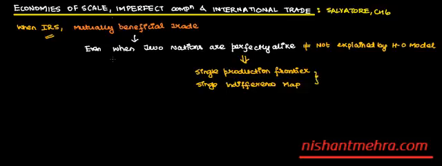For both nations, you can use a single production frontier and a single indifference map.